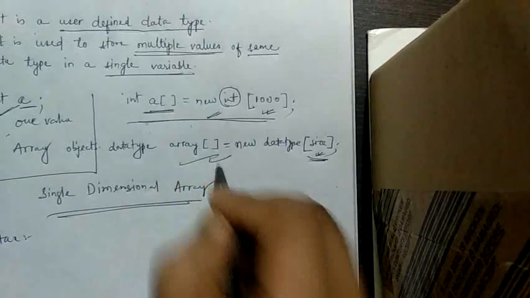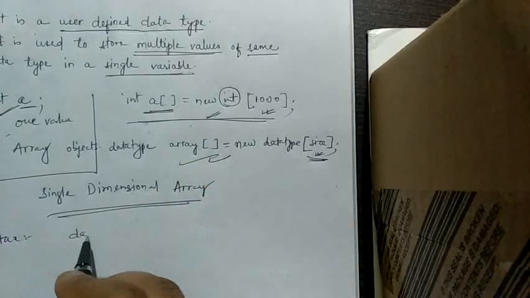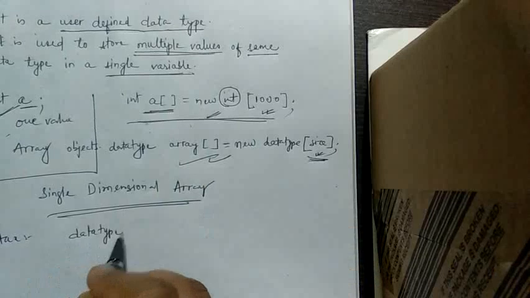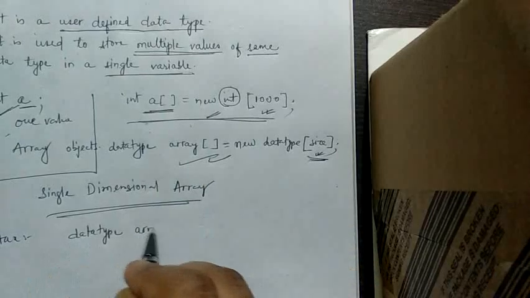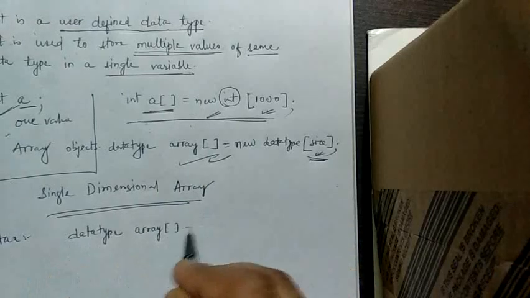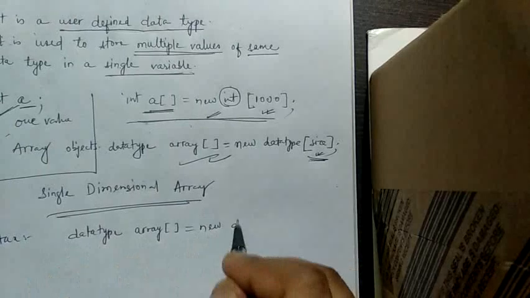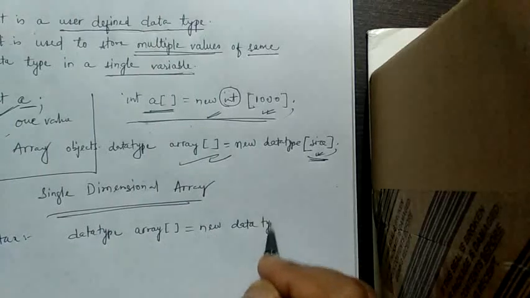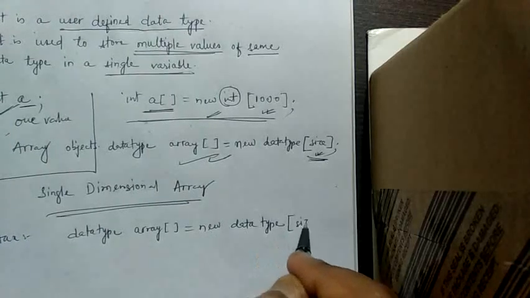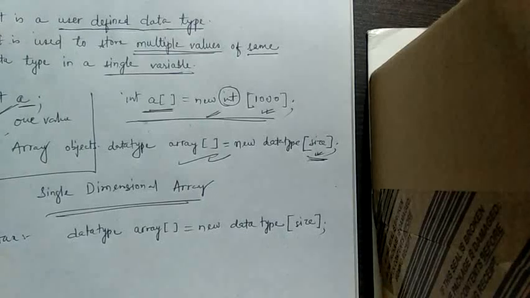Here you can say the syntax is data type, name of array is equal to new data type and its size.